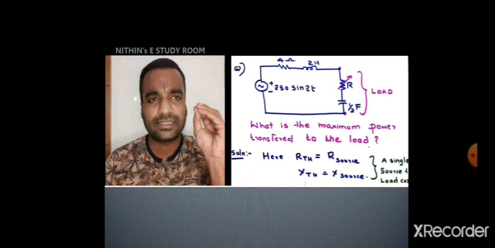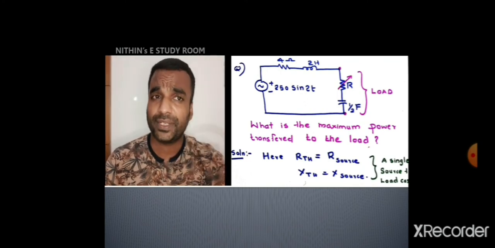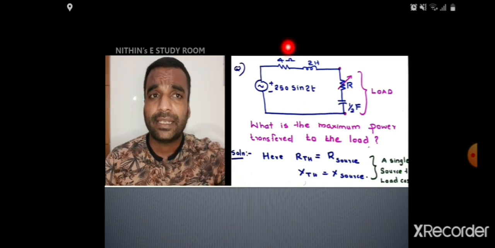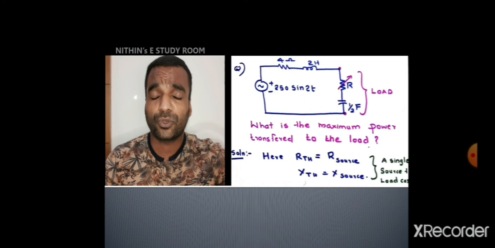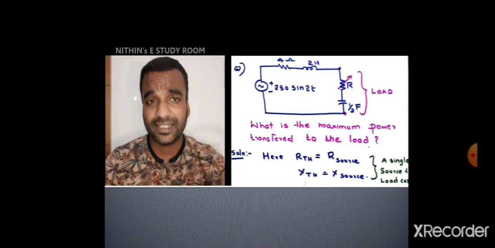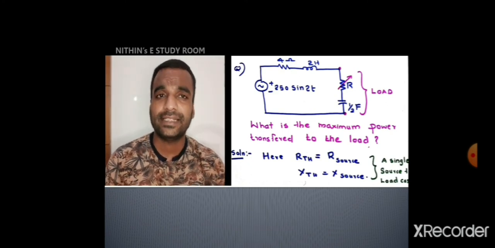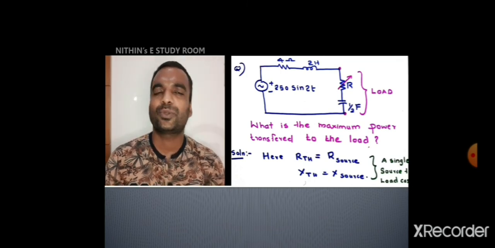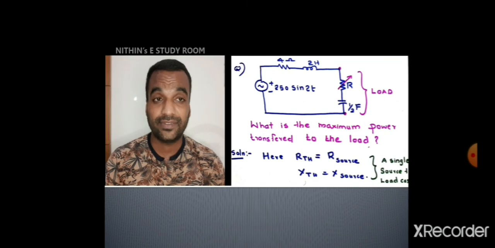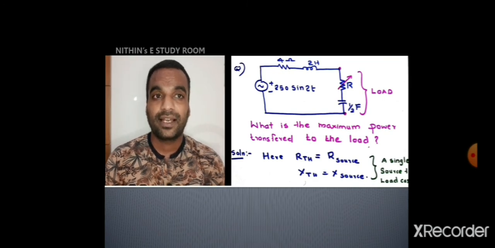It is a simple source supplying its load, and the impedance of the source is connected here. As it is a voltage source, the internal impedance of the source is connected in series with the voltage source. So here you don't need to calculate RThevenin, XThevenin or ZThevenin. RThevenin is R source itself and XThevenin is X source itself.